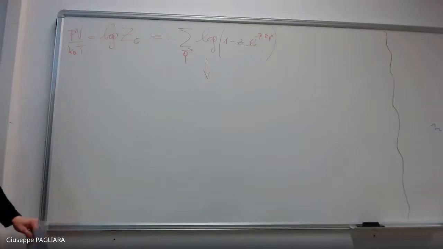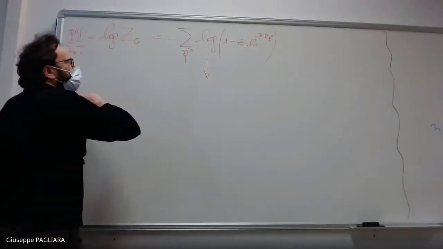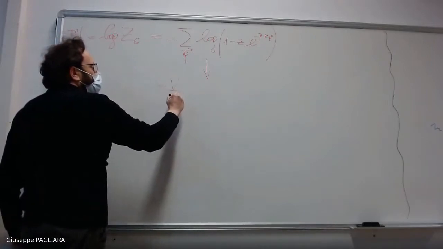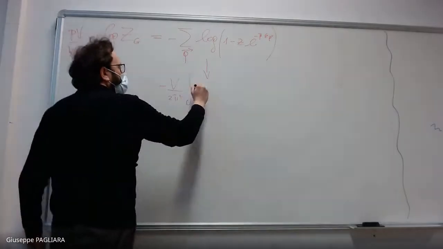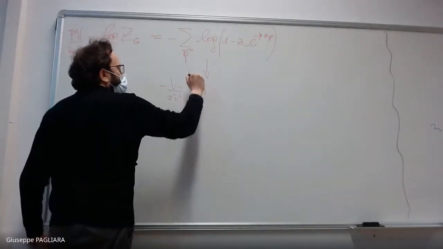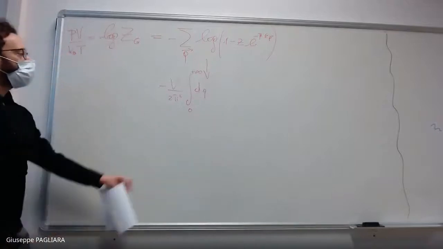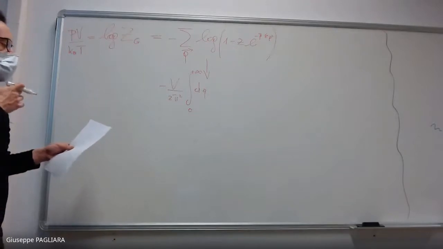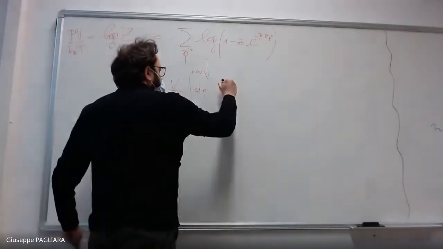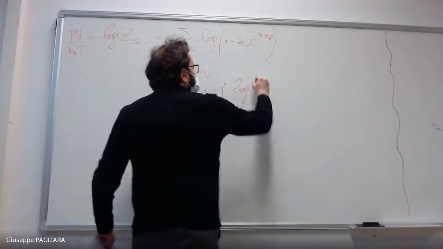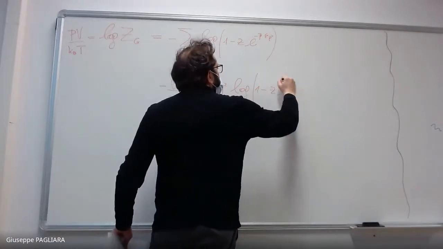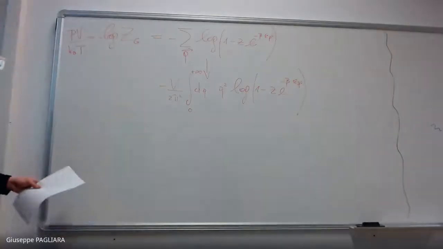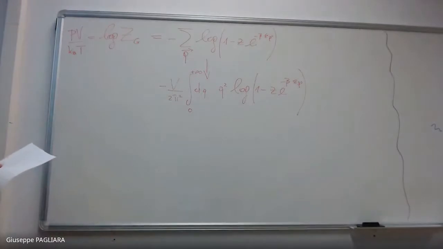Adesso si vede. Bene. I go to the continuum, and therefore, as before, here I have a minus V divided by 2 pi squared, and then I have to integrate over q from 0 to plus infinity, because we are in spherical coordinates. q squared is left, and then I have a logarithm of 1 minus z e to the minus beta epsilon q. Okay, this is in the continuum.